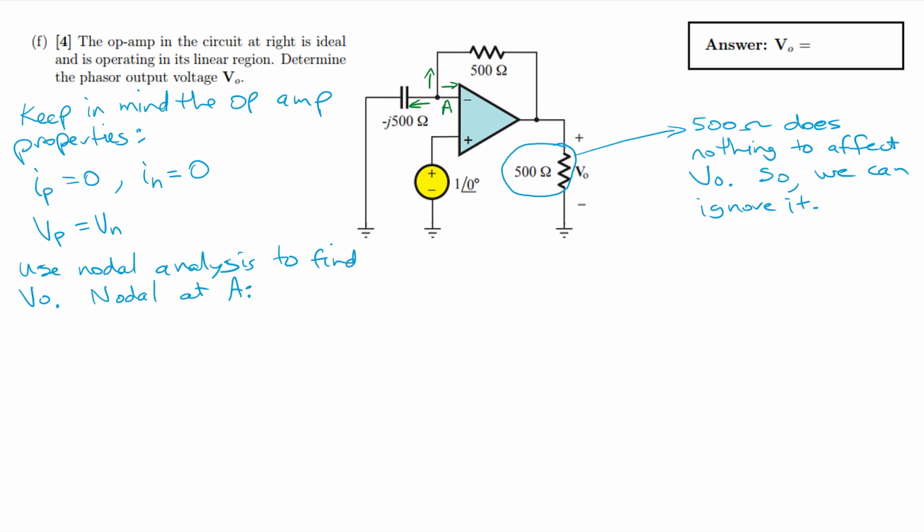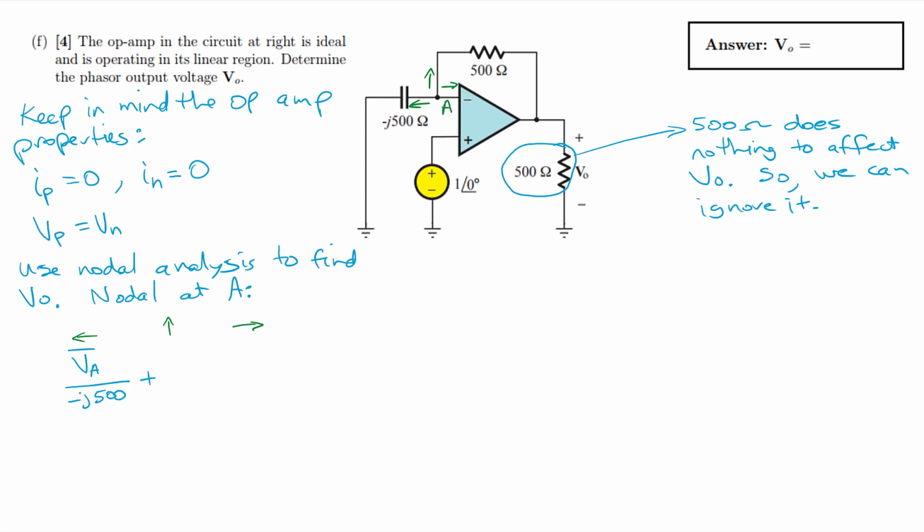Okay, so we're going to have current flowing to the left, up, and to the right, just to frame our equation. So we have VA going to the left, going to ground, so we have phasor VA over the impedance of the capacitor, which is given as minus j500 ohms. Okay, so that's the current flowing to the left. Now plus the current flowing up.